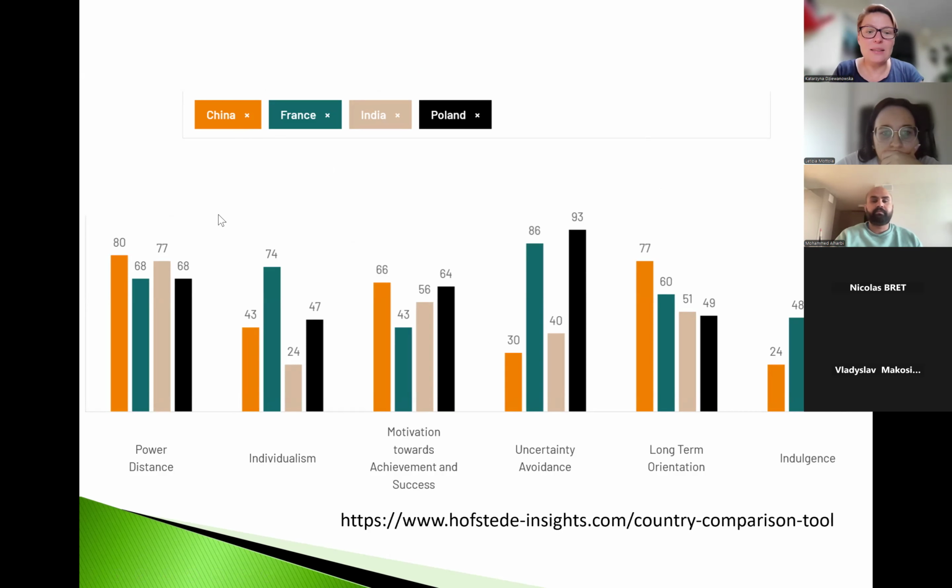So for example, France is the most individualistic of the 4 countries that I selected here. The Poles have the biggest uncertainty avoidance, so we don't like taking risks. China has the longest time orientation, and at the same time, it has the lowest indulgence factor. So as you can see, it is a handy thing.